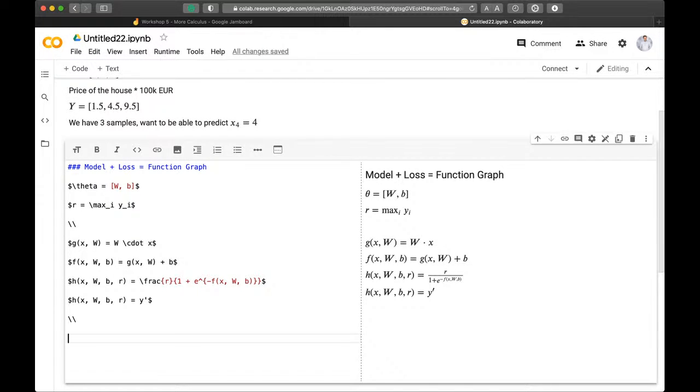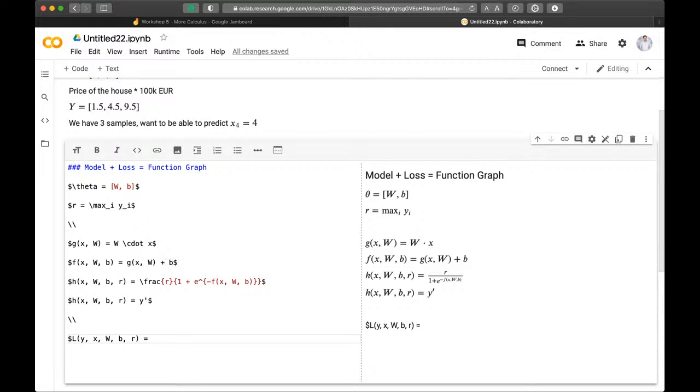So the loss function in this case is going to be, where y is the ground truth value, and then all of this stuff. Let's write it without the summation.